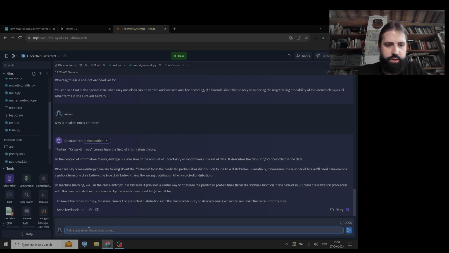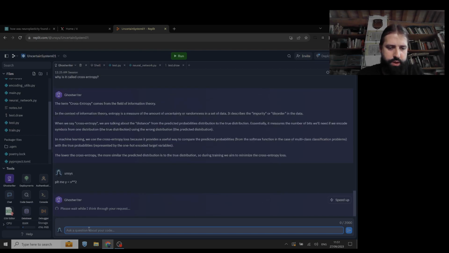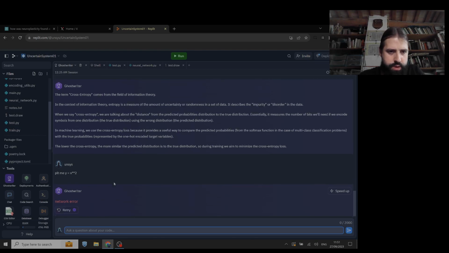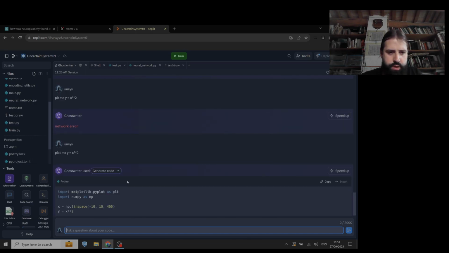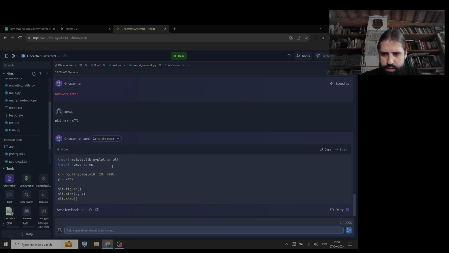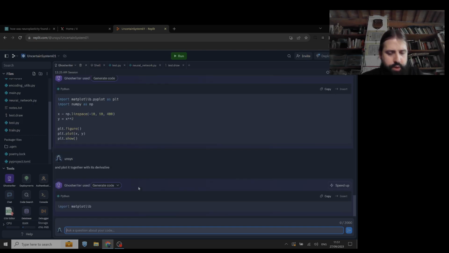So plot y equals x squared. Plot it together with its derivative.